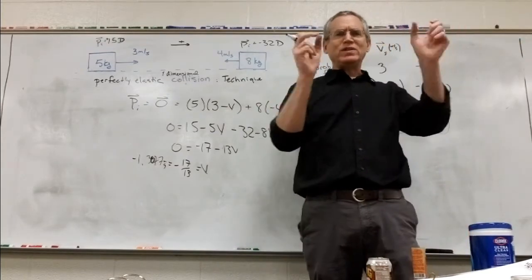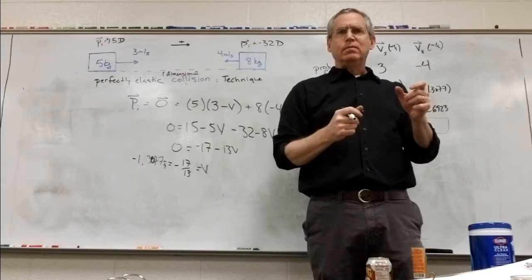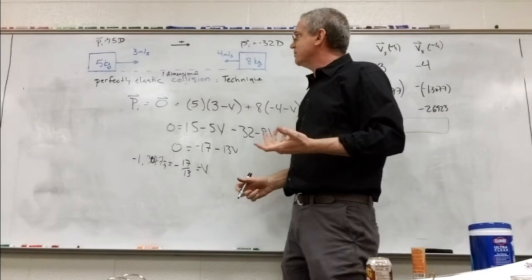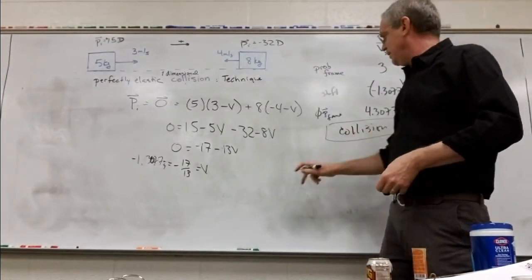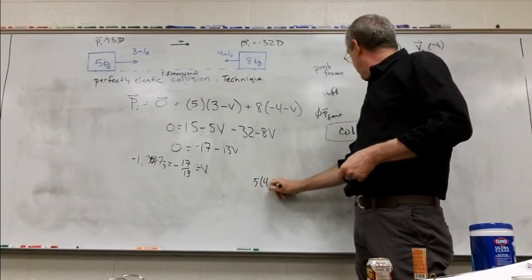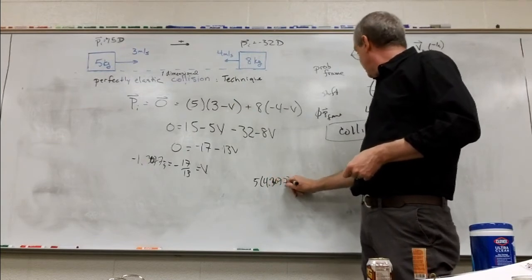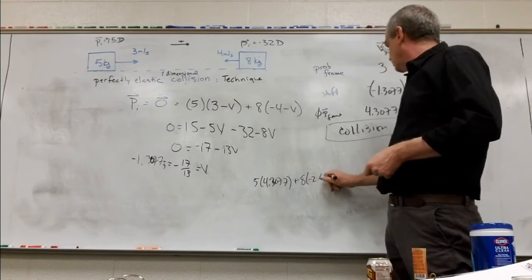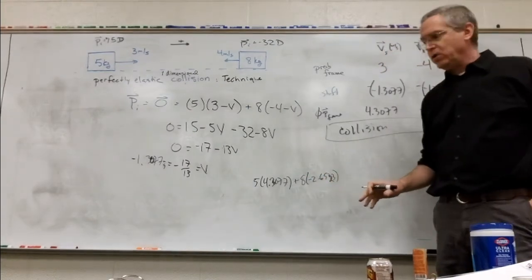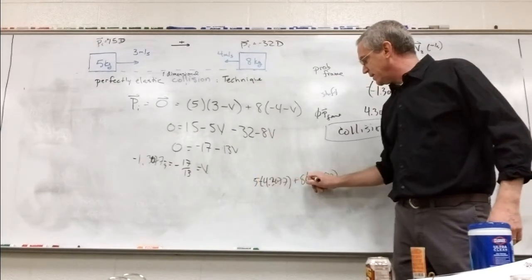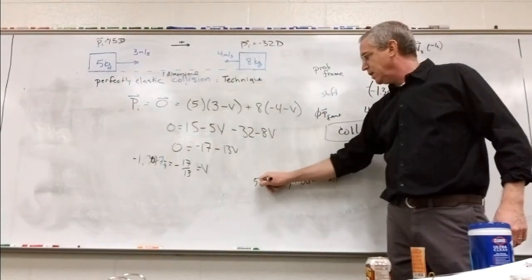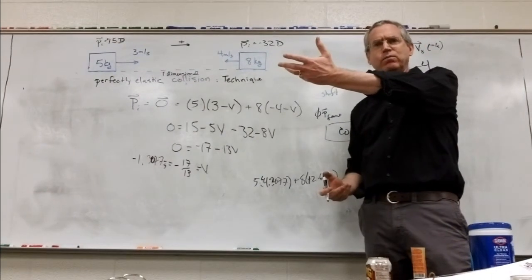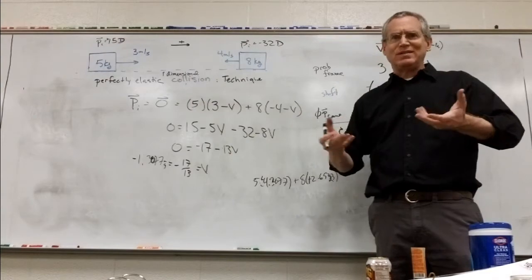If all I do is switch the signs, in other words, just have them go back in the opposite directions, it'd be 5 times 4.3077 plus 8 times -2.6923. That should add up to 0. If all I do is change the signs here, make that negative and make that positive, it's still 0. All I've done is just multiply everything by -1.